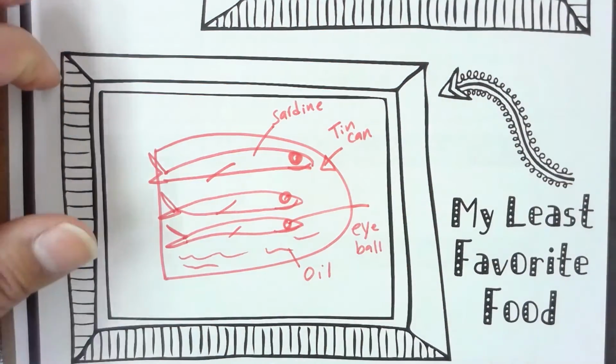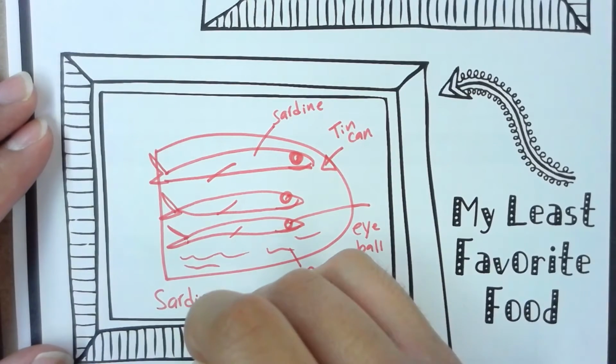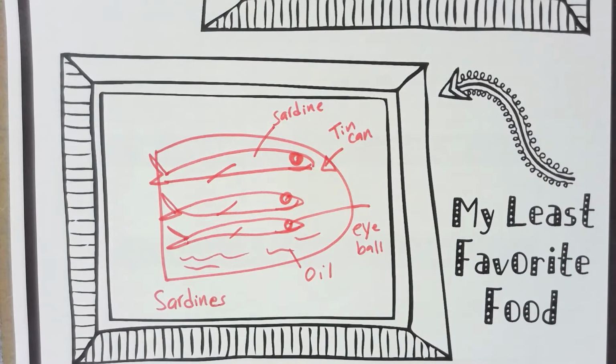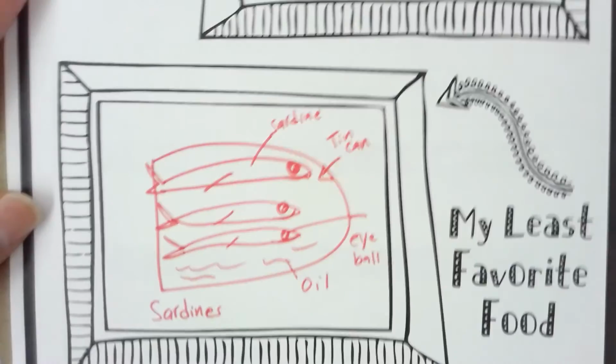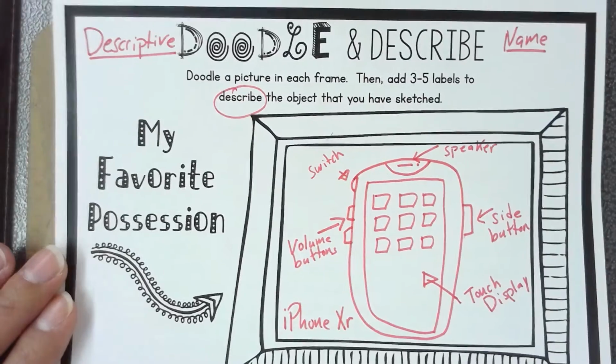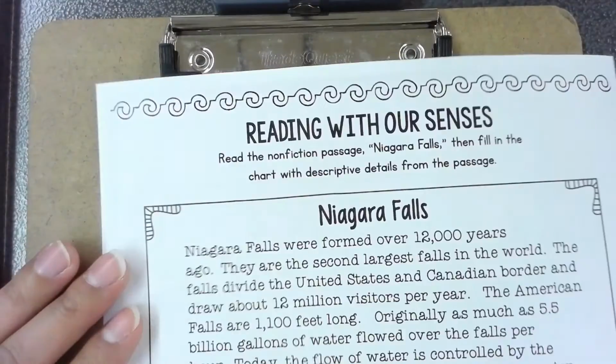So that would be my least favorite food, sardines. Ugh, I don't like sardines, they're gross. So please make sure that you draw your least favorite food and make sure that it's different than mine. And you should also have your own favorite possession illustration with labels. Okay, so now let's go to the back.